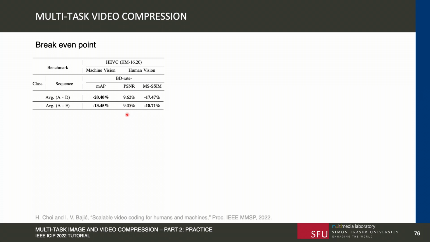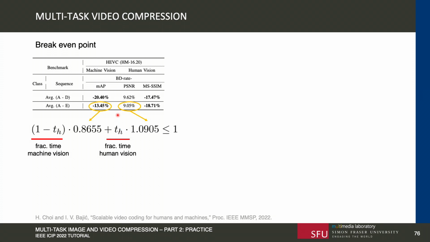So whether or not this two-task system will be useful when compared to HEVC ultimately comes down to the question of how frequently human viewing will be needed. So to quantify this, we came up with this notion of a break-even point. So we see that when human viewing is needed, there is about a 9% increase in bit rate compared to this anchor.